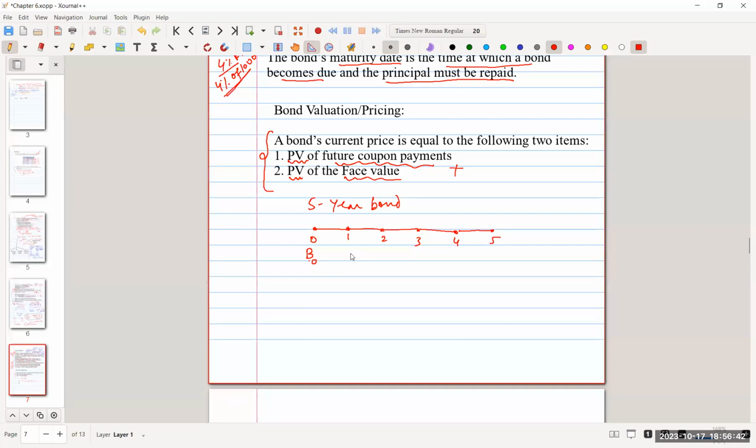So if you stand here on the timeline and you look ahead into the future, what do you realize? Let's just write it formally. This is, just make up something, an 8% 5-year bond.